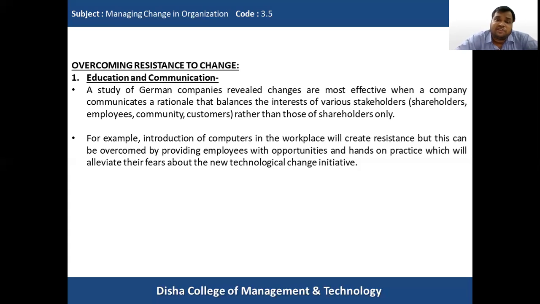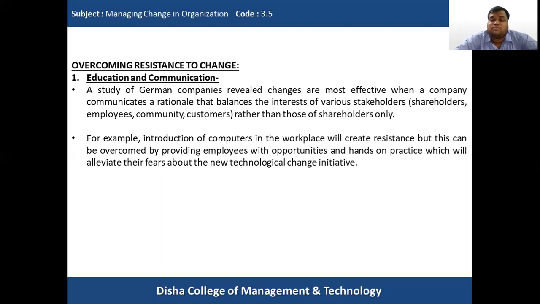Generally when a technological change happens, people resist the change due to the fear of the unknown. But when these employees are explained the various opportunities it is going to open up, and the hands-on practice they will receive when this change initiative is implemented, this will alleviate these fears about the new technological change, and the people will be able to accept and embrace the change much more positively and effectively.